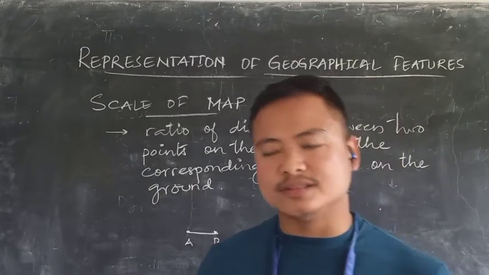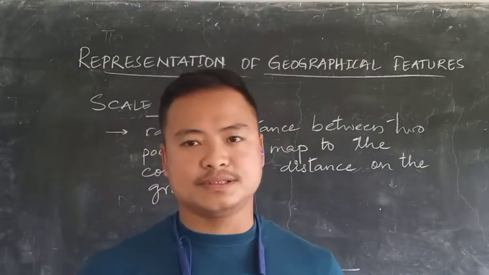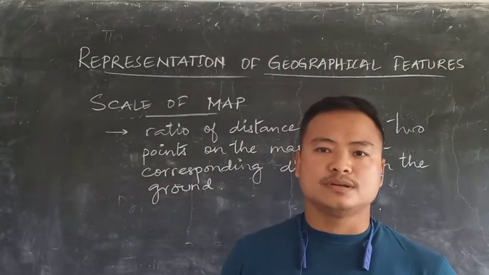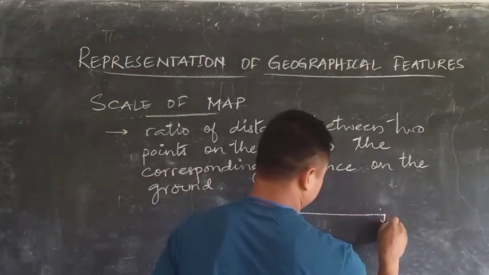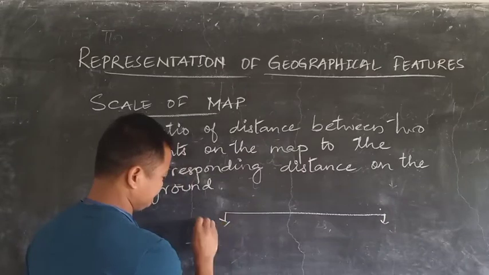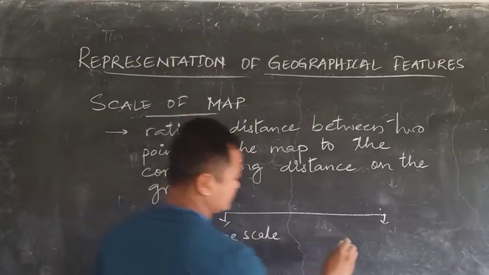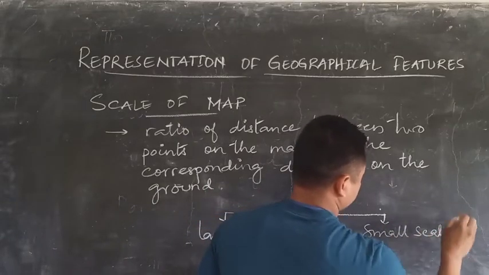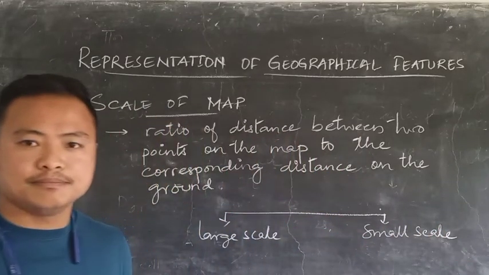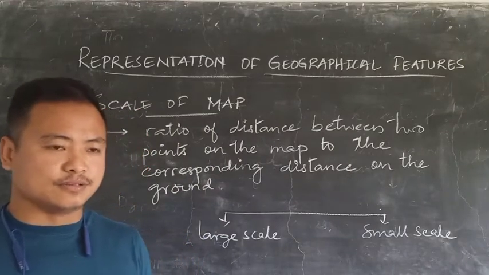Now on the basis of size, the scale of the map is divided into 2 types: large scale and small scale. So this is a map, one of large scale, the other of small scale.